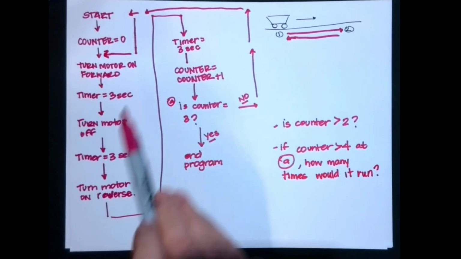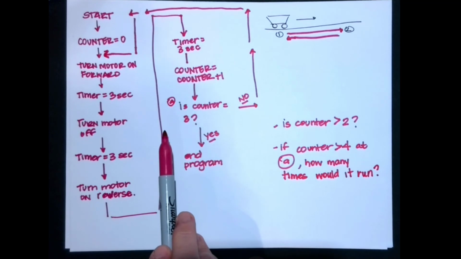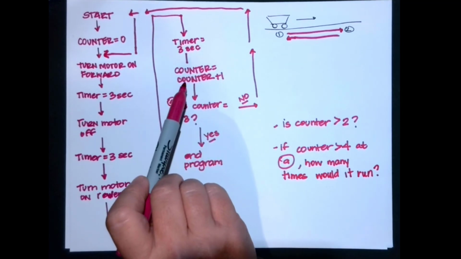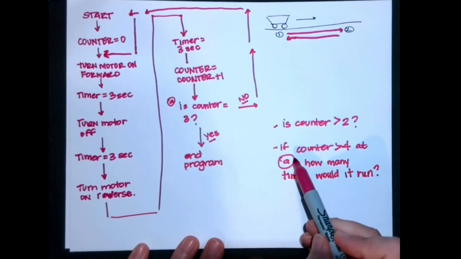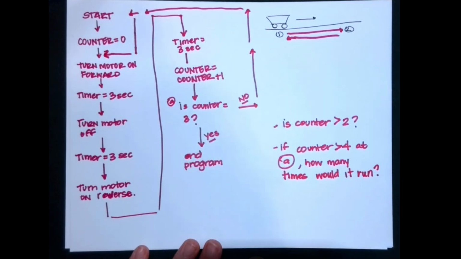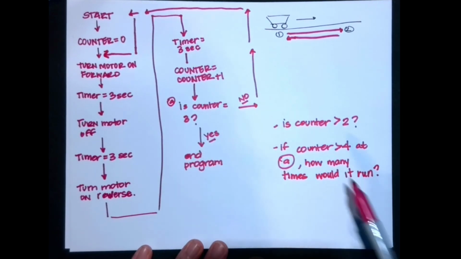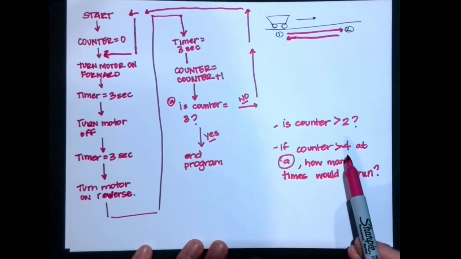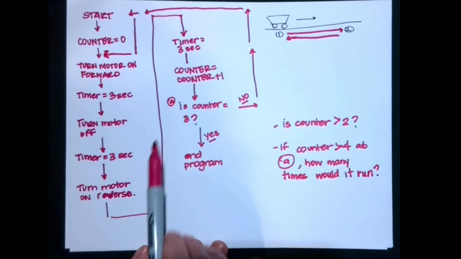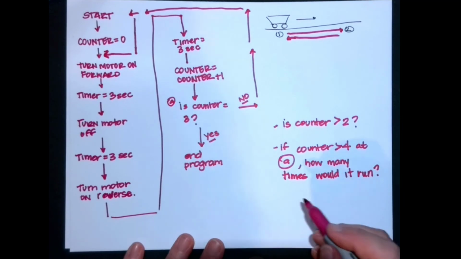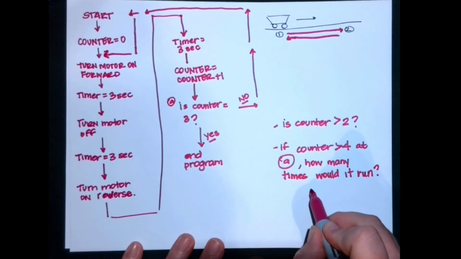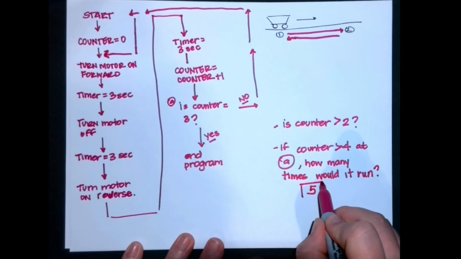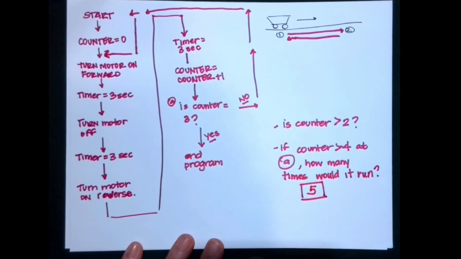The first number that would be greater than 4 would be 5. And the last thing we do before we check our decision, and I said A, which was right here, was my decision point. If I said there instead, is the counter greater than 4? How many times would this have run? Give you a second to think about that. And it would have run 5 times.